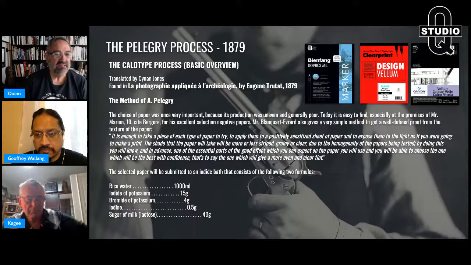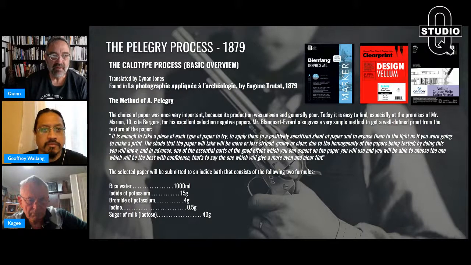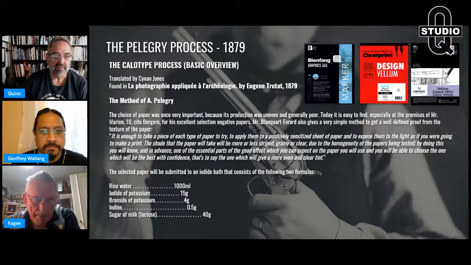So he quotes, he says, it is enough to take a piece of each type of paper to try to apply them to a positively sensitized sheet of paper and to expose them to the light as if you were going to make a print. The shade of the paper will be more or less striped, grainy, or clear due to the homogeneity of the papers being tested.